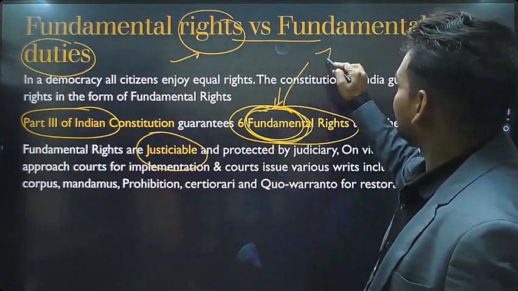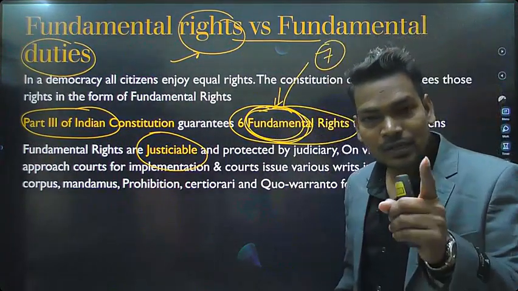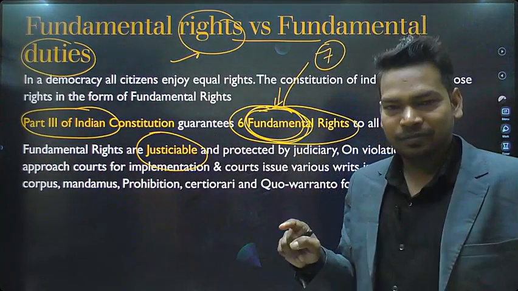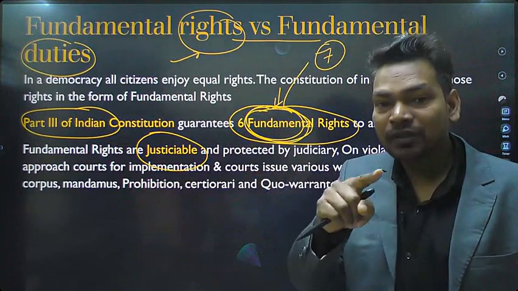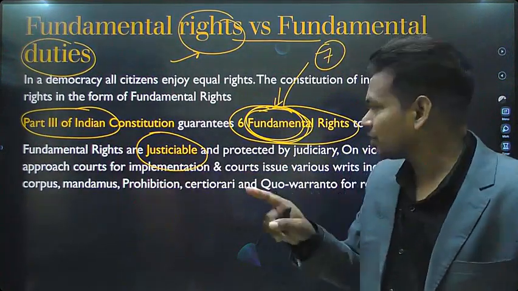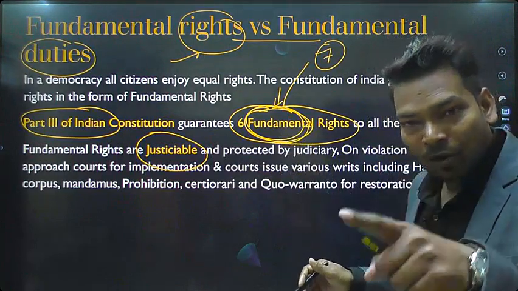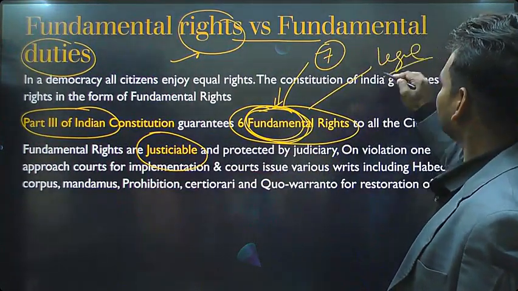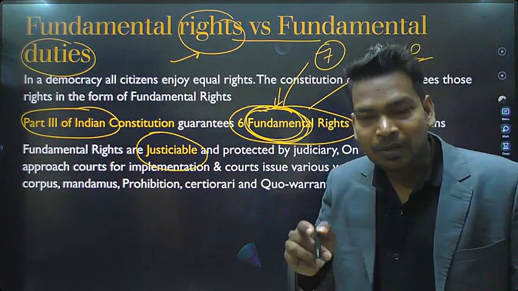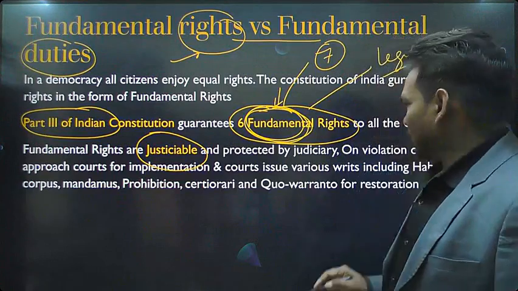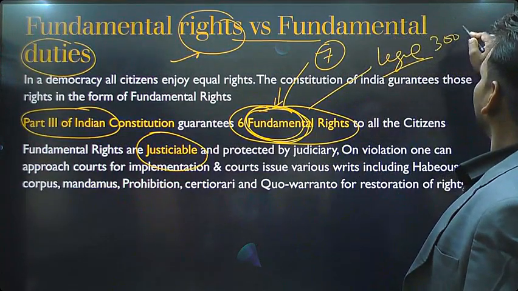Earlier they were 7 in number, but right now they are 6. What was the 7th? Right to property. Right to property was the 7th fundamental right. It has been eliminated from the fundamental rights, and now it is a legal right under Article 300A.